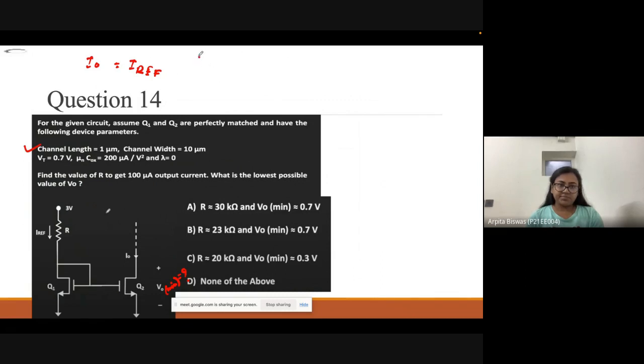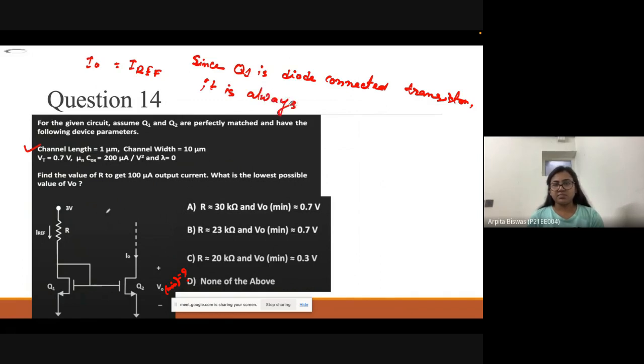And since Q1 is a diode-connected transistor, it is always in saturation. And Q2 is also in saturation.